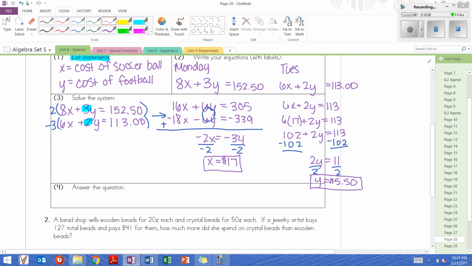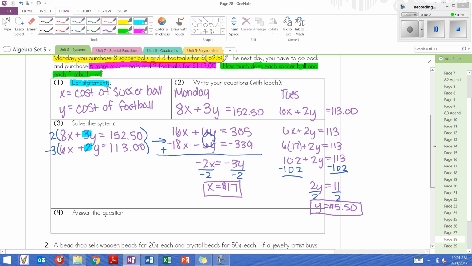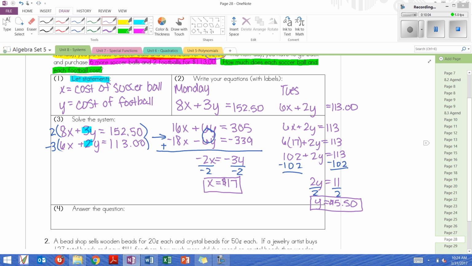Okay, let's not forget to answer the question. So up above here, it says how much does each soccer ball and each football cost? So let's say soccer ball cost is $17 because that was our X value. We can use our let statements to help us with that.